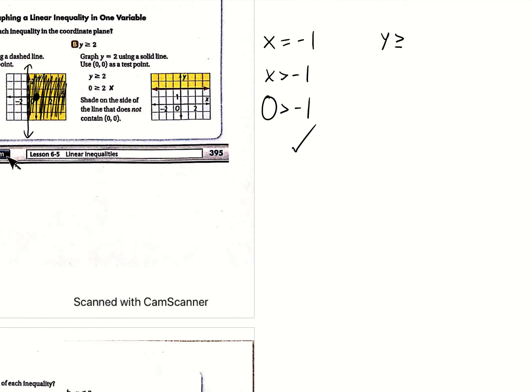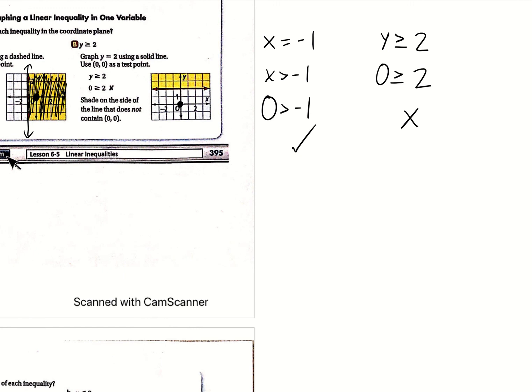If we have y is greater than or equal to 2, and then we plug in the origin, okay, that's going to give us, sorry, wrong one there. That will give us, for the origin, 0 is greater than or equal to 2. Okay, that is false.